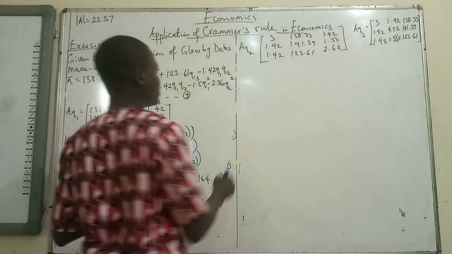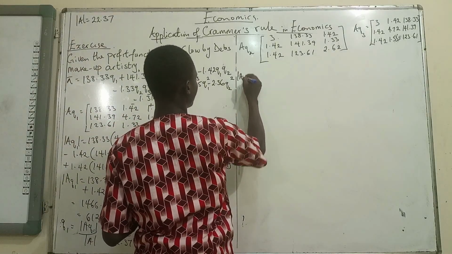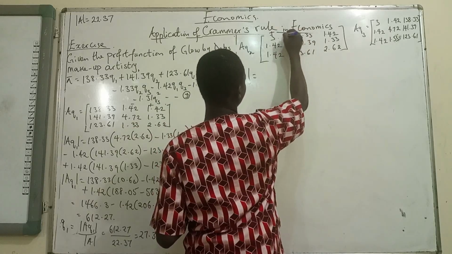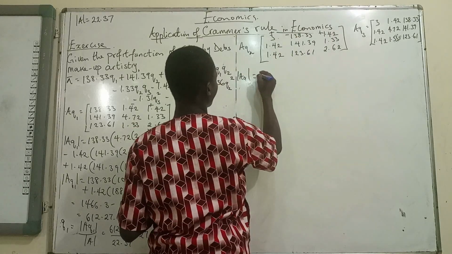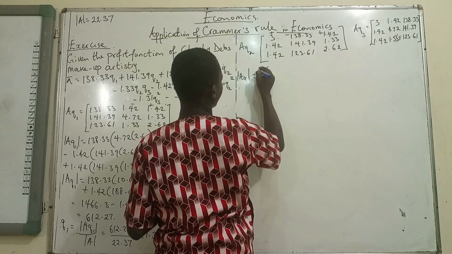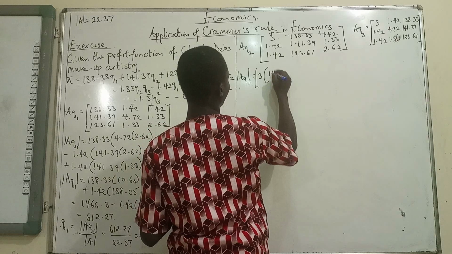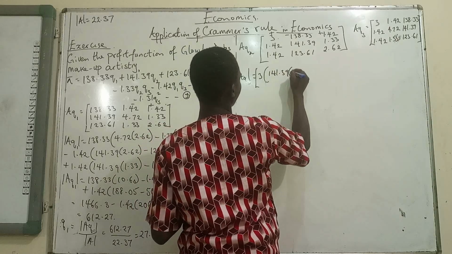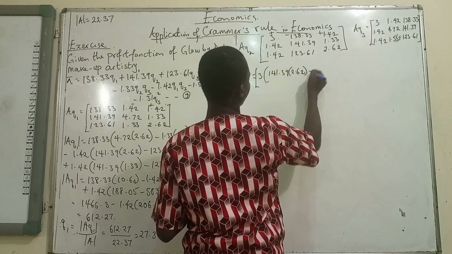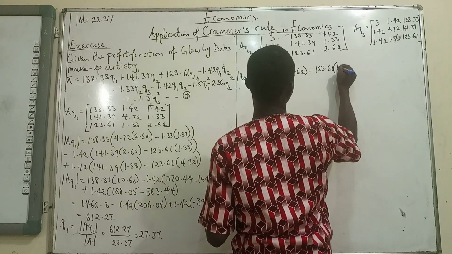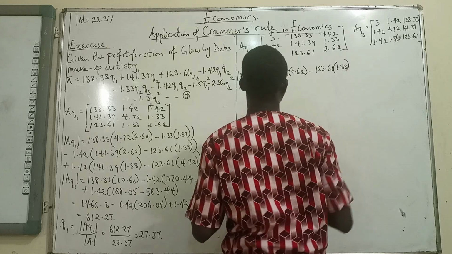Okay, so to get the determinant of AQ2, this is plus, this is minus, and this is plus. So we have 3 into brackets 141.39 multiplied by 2.62 minus 123.61 multiplied by 1.33, right?